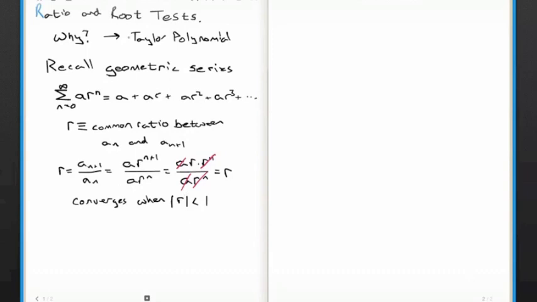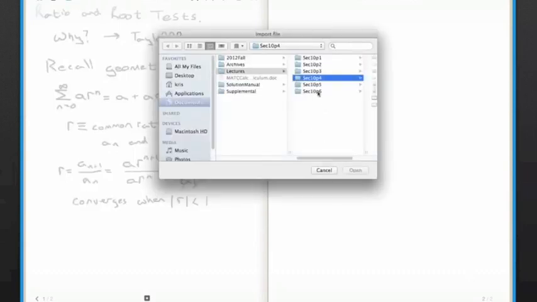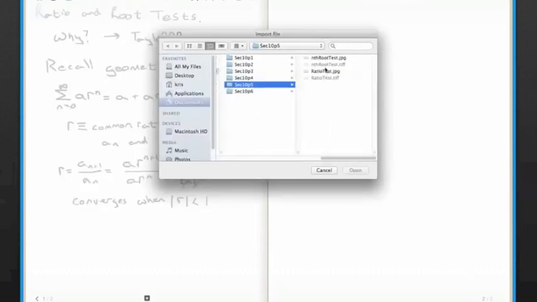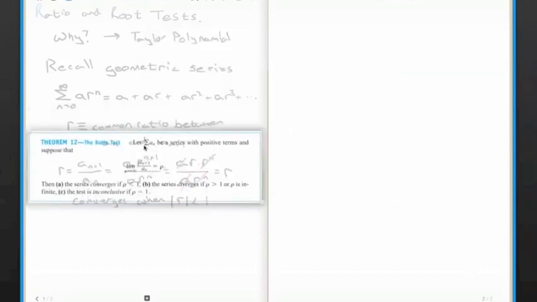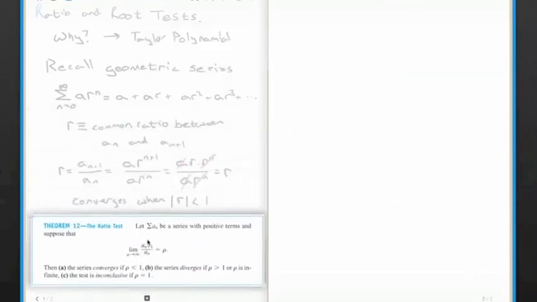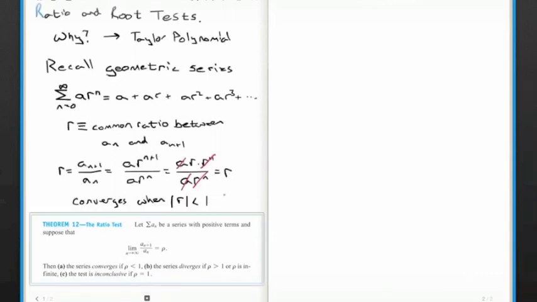Well, that leads us right in, as you might guess, to the ratio test. The ratio test is here in 10.5, ratio test JPEG. Get this one down here. Now what does this thing say? Let sigma a sub n be a series of positive terms.